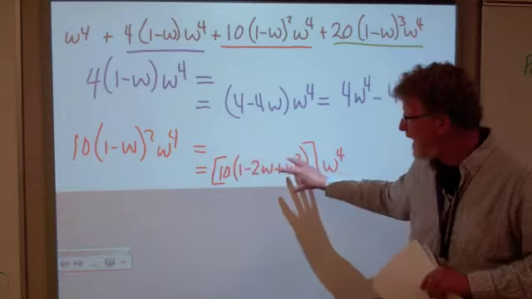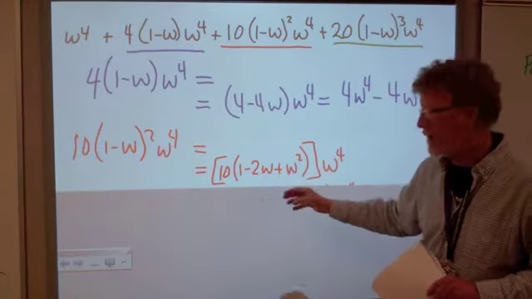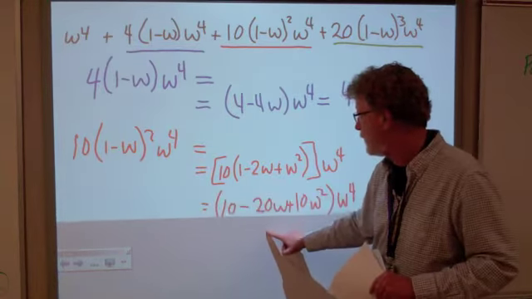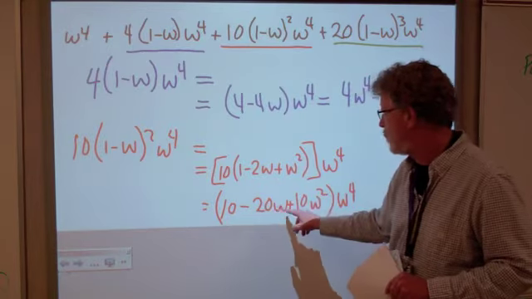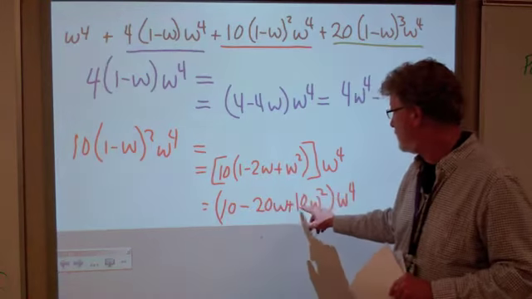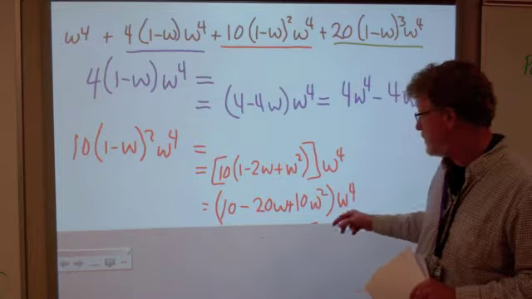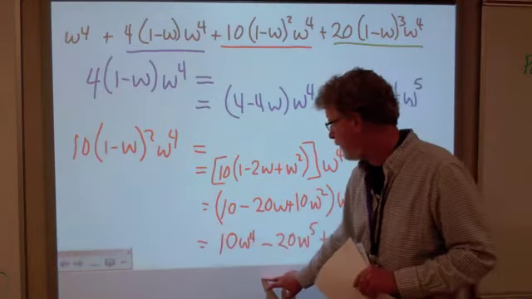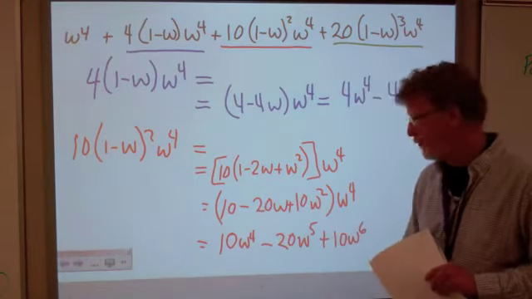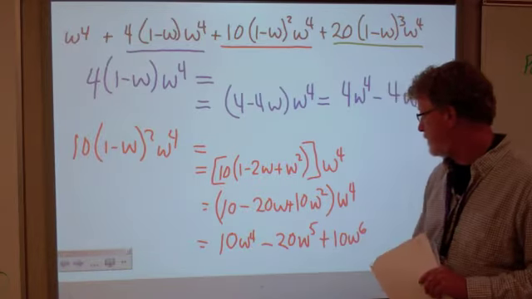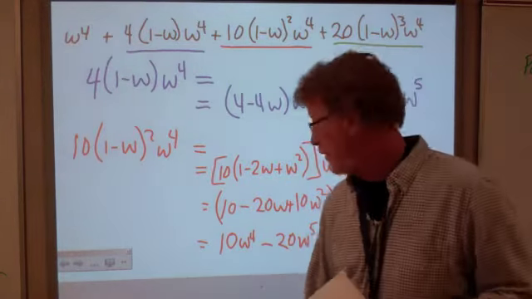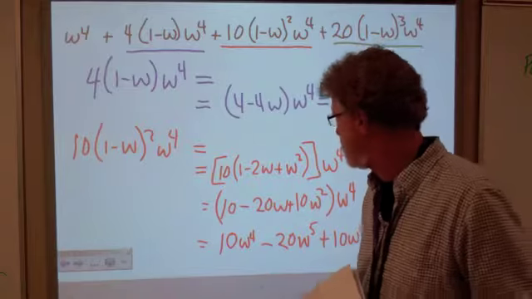And then once I get that answer, I'm going to multiply everything by w to the 4th. So we get 10 minus 20w plus 10w squared times w to the 4th. That gives 10w to the 4th minus 20w to the 5th plus 10w to the 6th.